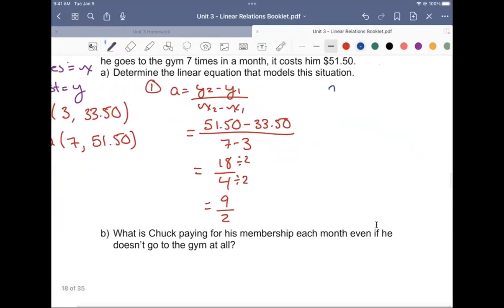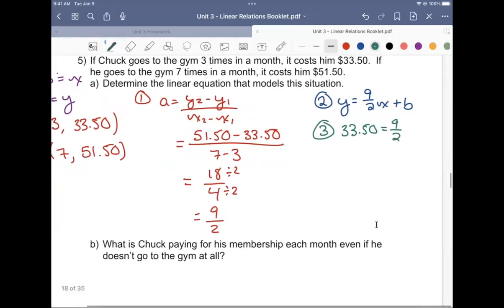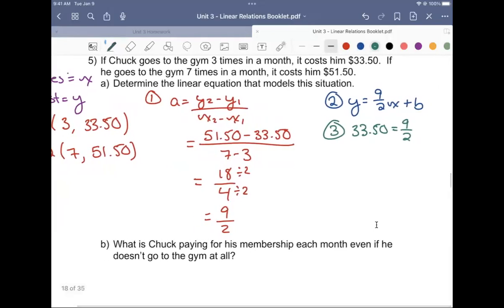So now my next step is y is equal to 9 over 2x plus b. My third step is to pick one of those points and substitute it in. I am going to pick the first point. So I will get 33.50 is equal to 9 over 2 times, I just need to move this over because I am going to run out of space, 3 times plus b.